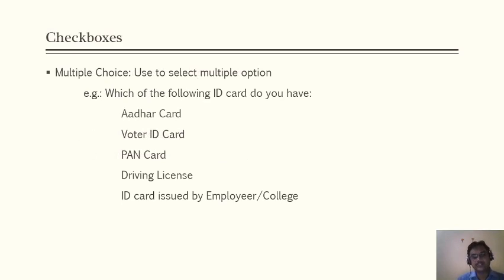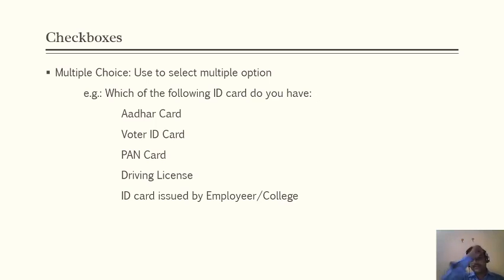We have checkboxes. So what is a checkbox? If we have a question and multiple answers, sometimes we have to take only one answer from the user, or sometimes we may have to take multiple answer options from the user. If we have to select multiple choices, then we may use the checkbox.